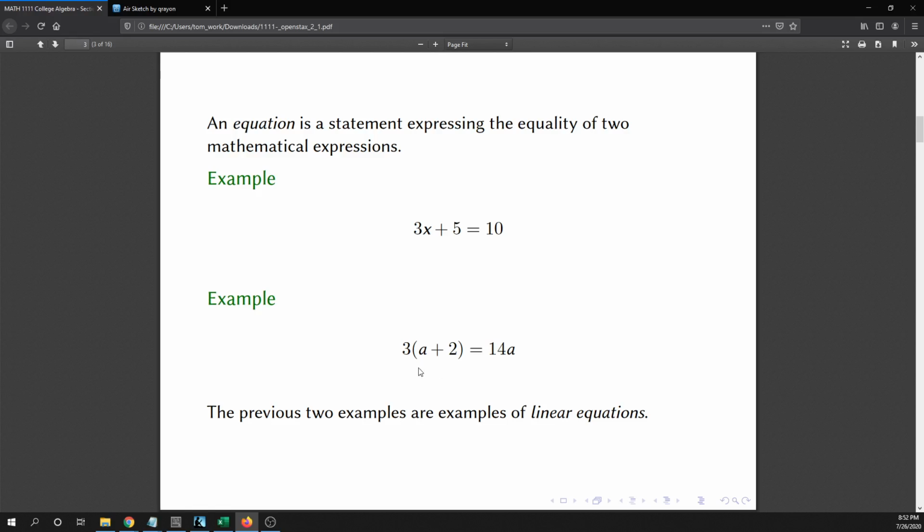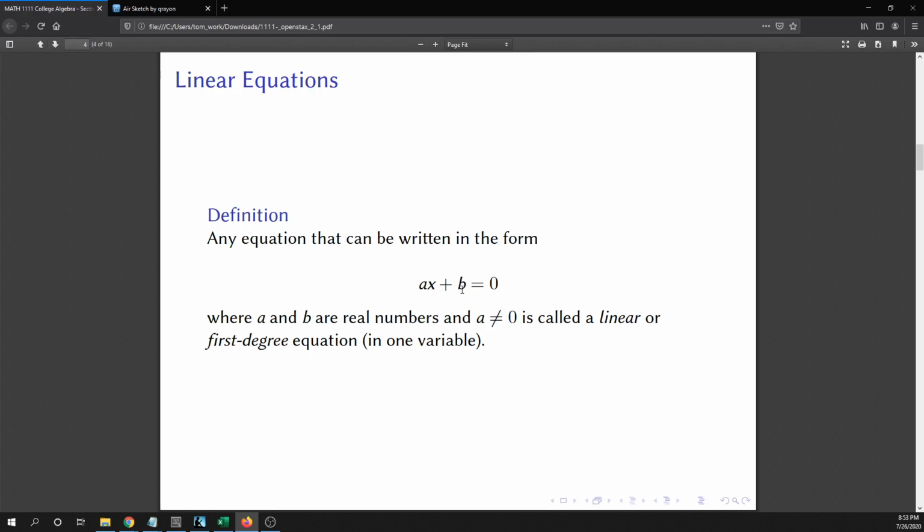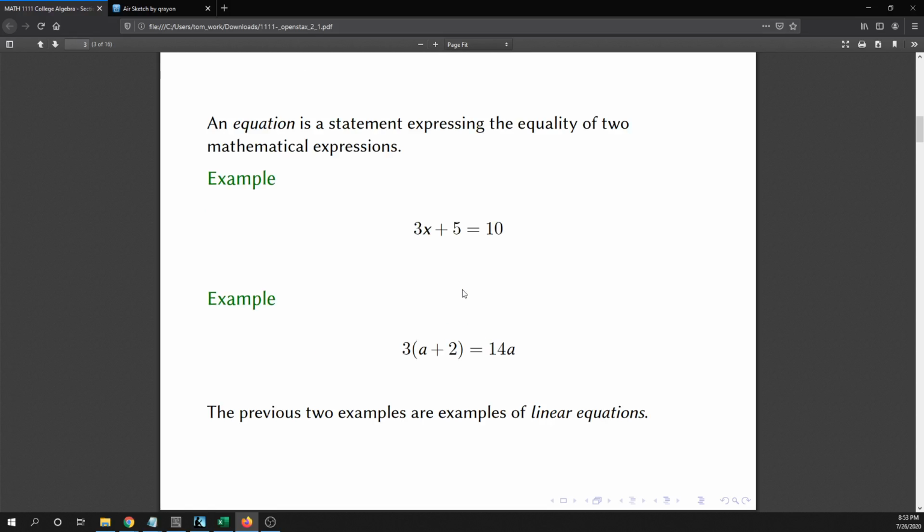Here, this equation is also a linear equation, and it really doesn't look anything like the format on this slide. But we can easily do some things to this equation to make it look like the standard linear equation on the other slide. And we'll talk about how to do that a little bit later.